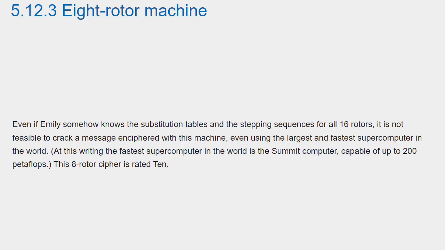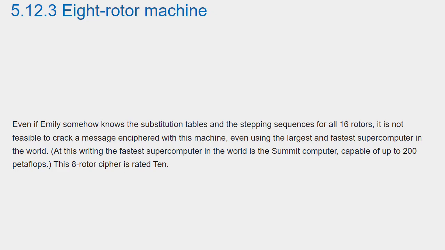Even if Emily somehow knows the substitution tables and the stepping sequences for all 16 rotors, it is not feasible to crack a message enciphered with this machine, even using the largest and fastest supercomputer in the world. At this writing, the fastest supercomputer in the world is the Summit computer, capable of up to 200 petaflops.